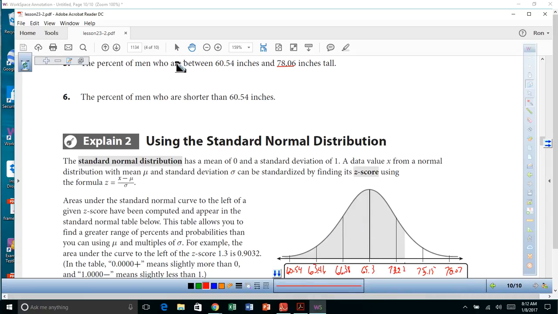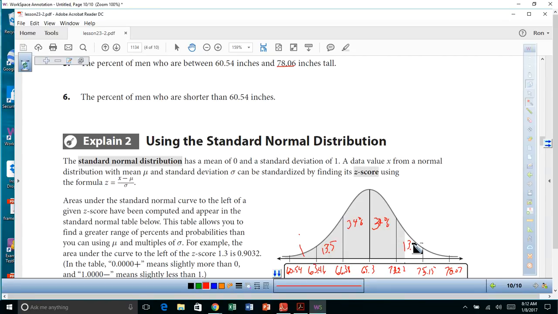Now, the percent of men who are between 60.54 and 70. Okay. So that's going to be 34%.